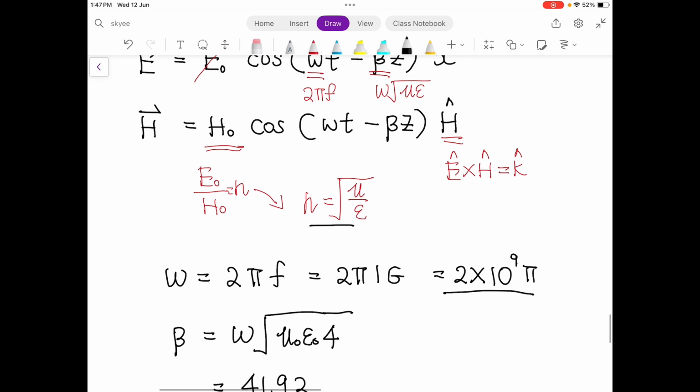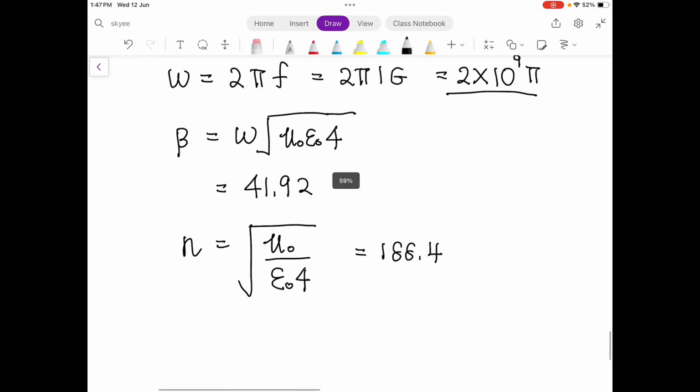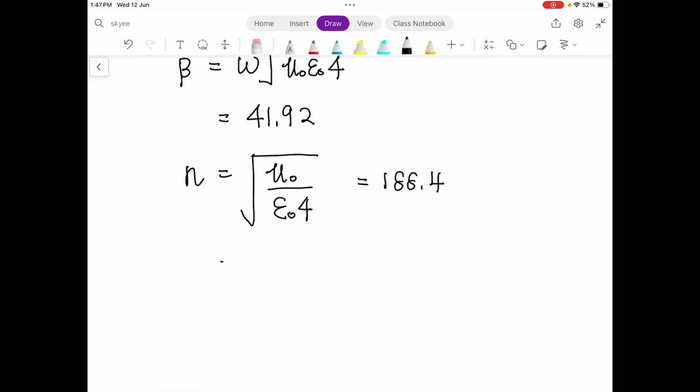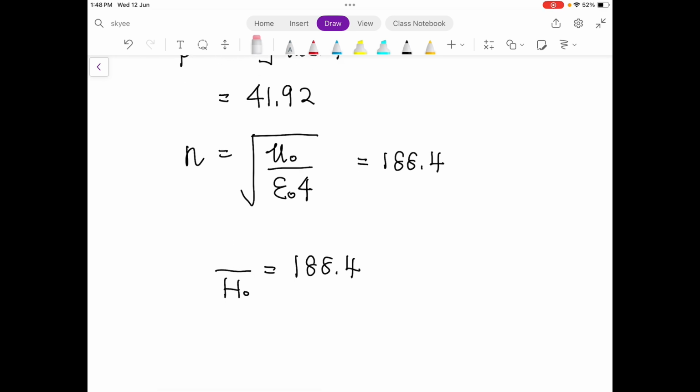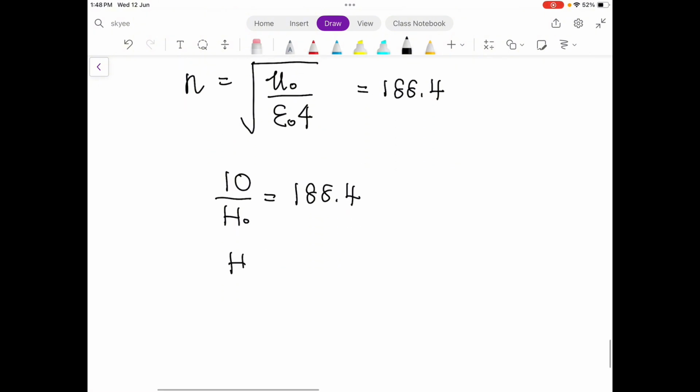Now we can find the H naught, the amplitude of the magnetic field. The E naught just now is 10, so the H naught will be 10 divided by 188.4, which is 0.053. This is the amplitude.